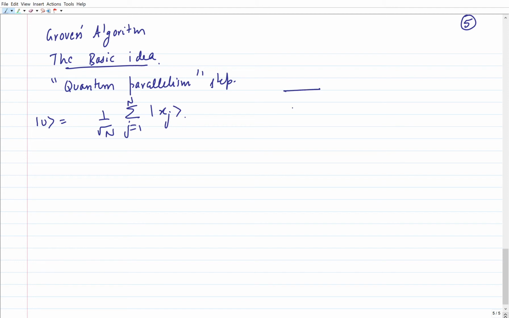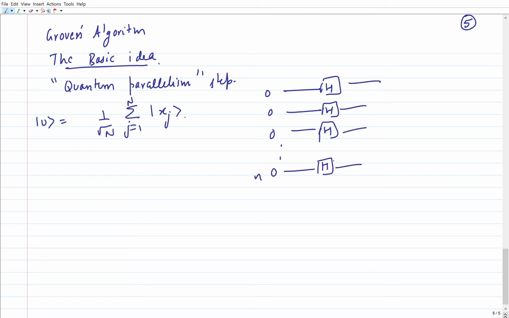How are you going to construct that? Well, you start with all states in 0, 0, 0. You apply the Hadamard n times. And essentially this is the state you'll get.